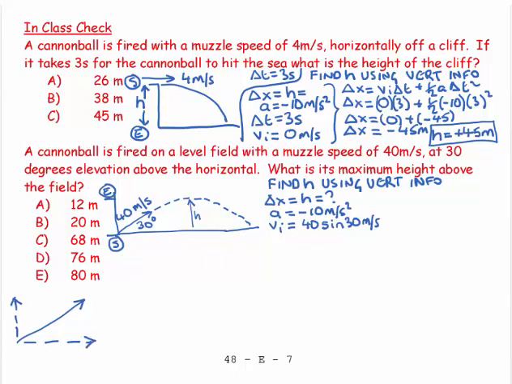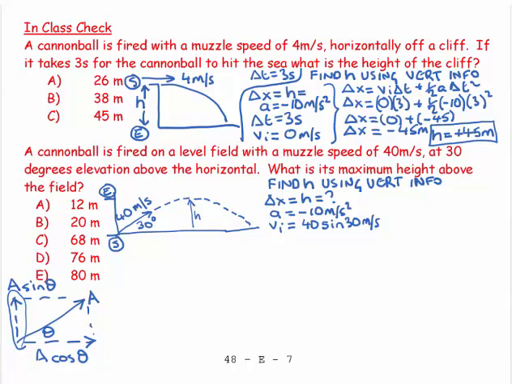I'm interested in the vertical component. Remember, if this is A and this is theta, then this vertical component is A sine theta, and the horizontal component is A cosine theta. You have to practice that to the extent that it's easy. It cannot be the stumbling block of your problem.